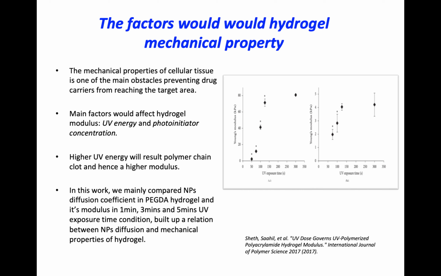Then we can conclude how the mechanical property of the hydrogel affects the diffusion coefficient of the nanoparticle. So in my research, I tested different exposure time conditions on the hydrogel, and tried to find out the nanoparticle diffusion in these different conditions, and then build up a relationship between the stiffness, the mechanical property, versus the nanoparticle diffusion efficiency.